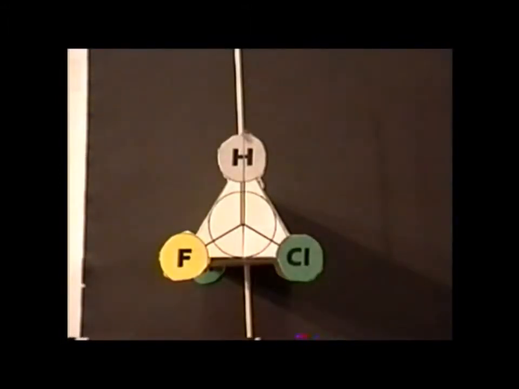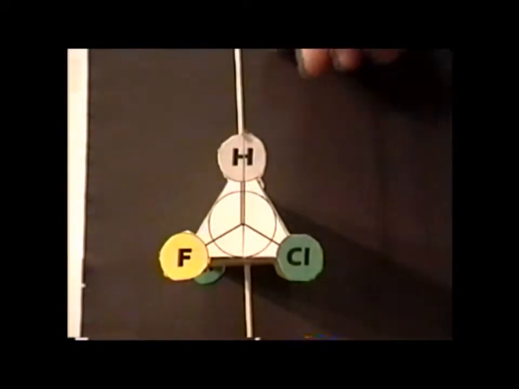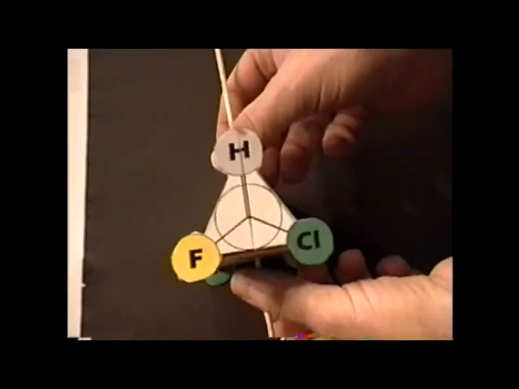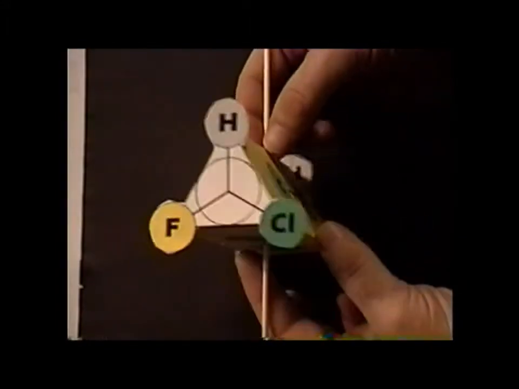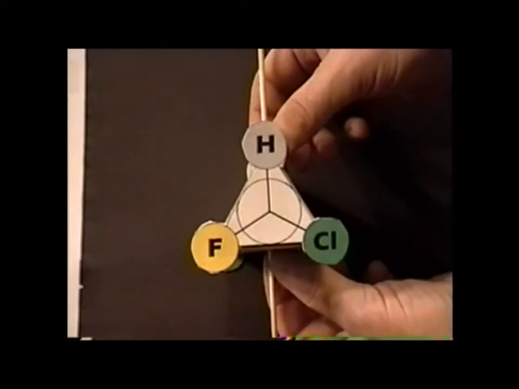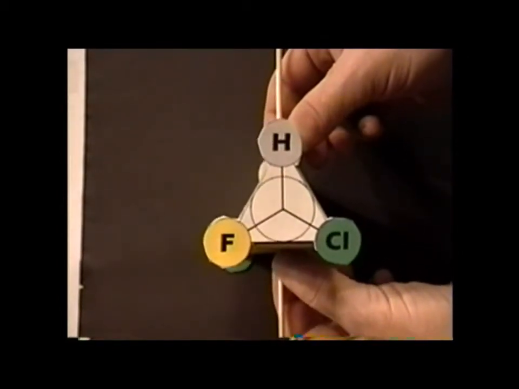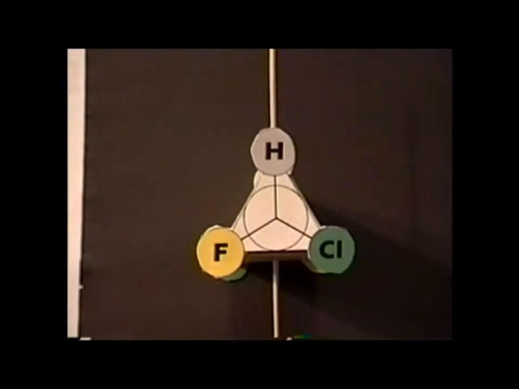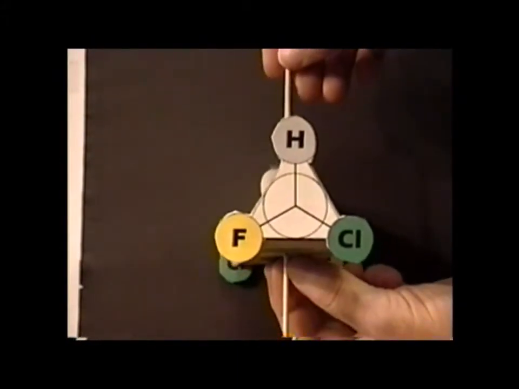Here we have a slightly more complicated substituent pattern. Here we have a fluorine and a chlorine atom on the front carbon, and likewise we have a fluorine and a chlorine on the backside. So we're still dealing with eclipsed conformations of ethanes. In this case we have a 1,2-difluoro-1,2-dichloroethane in an eclipsed conformation.